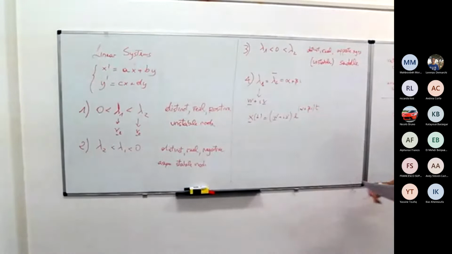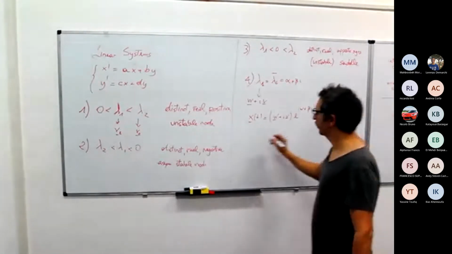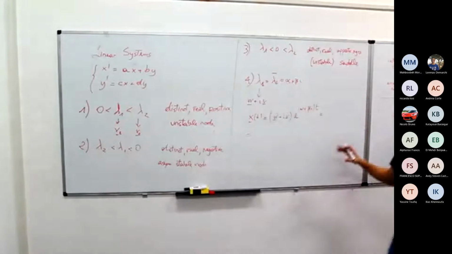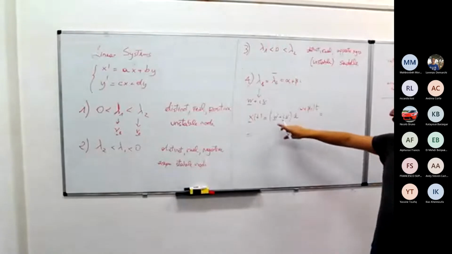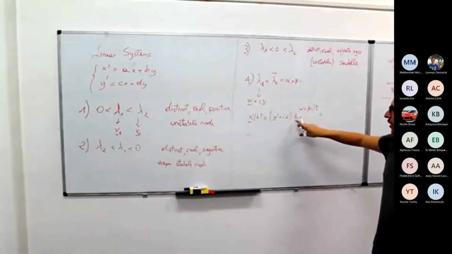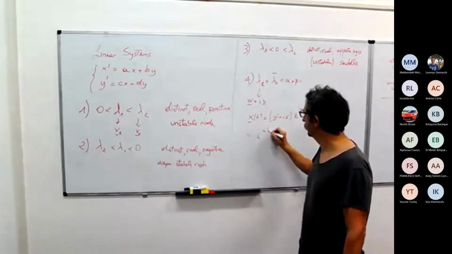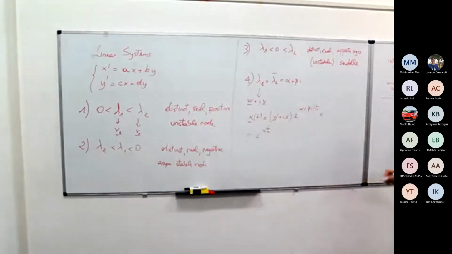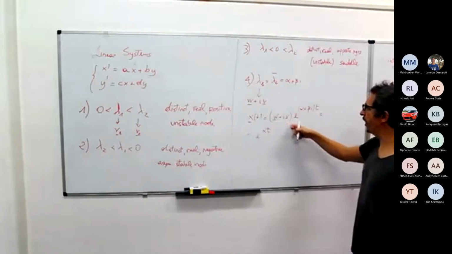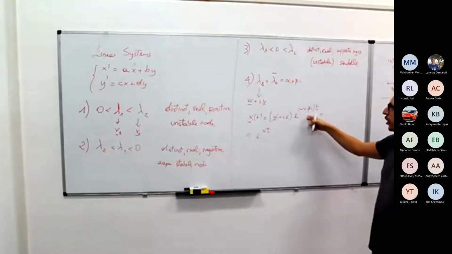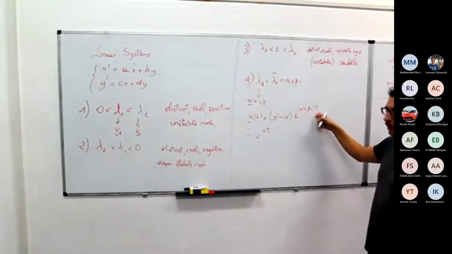Now I can factorize e to the alpha t, and then I have this vector W plus iV which multiplies the exponential of i beta t.